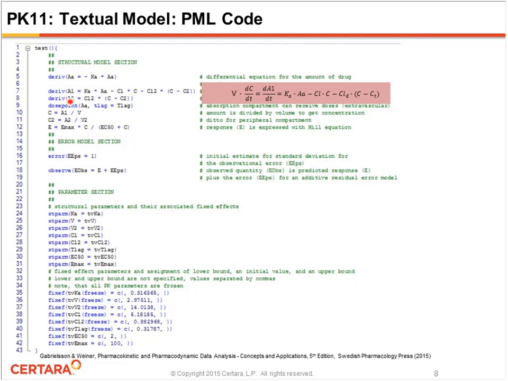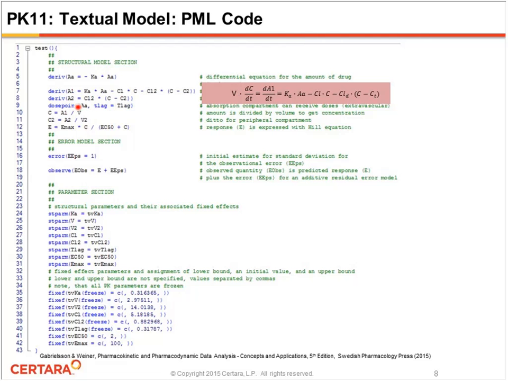And this is similar to that, the differential equation to calculate the changes of amounts in the peripheral compartment. For the dose point, this is just giving you information that it's an extravascular dose, AA, plus an option that we use, the T-lag option, where you have a parameter that needs to be estimated called T-lag. There are several other options of the dose point function that we will get to know through the further exercises that we will cover in the next sessions.